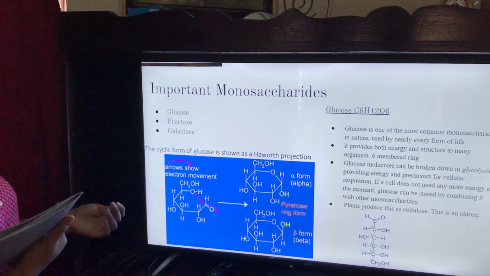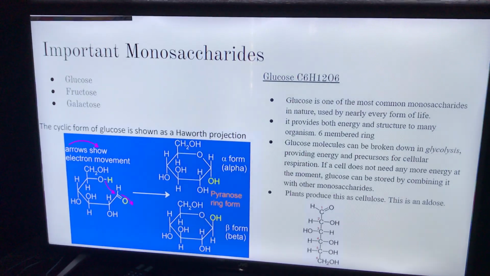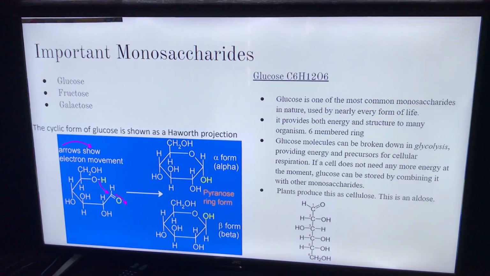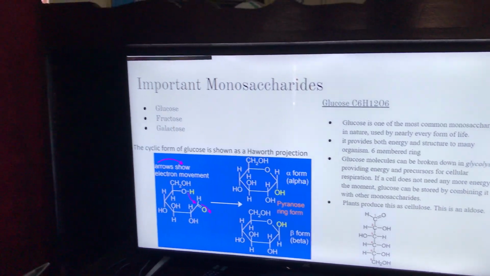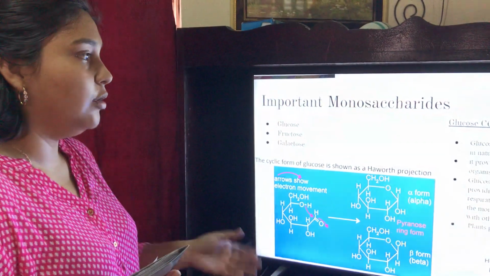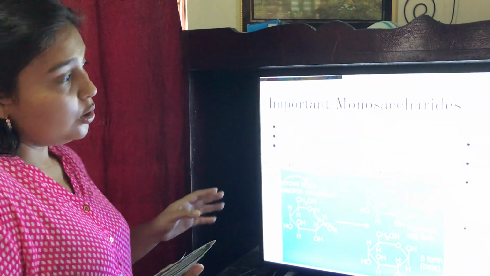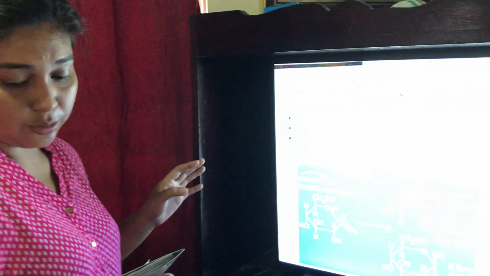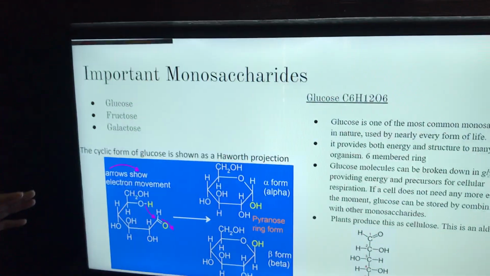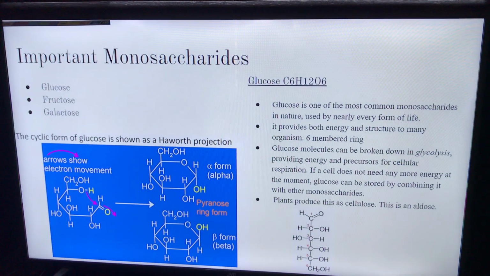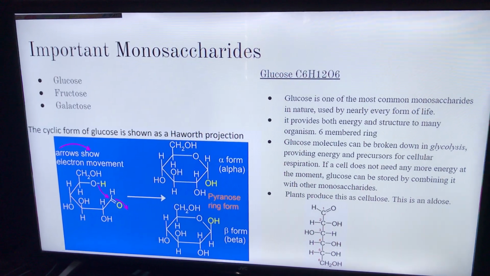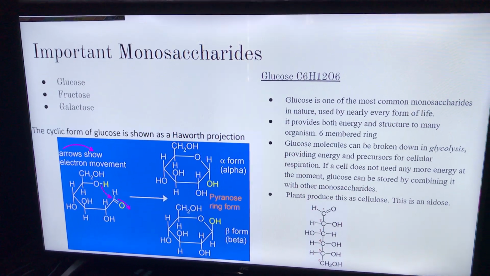Next slide. So important monosaccharides to remember are glucose, fructose, and galactose. So the first one that we're going to be talking about is glucose. So glucose, fructose, and galactose have the same chemical formula, which is C6H12O6, but they differ in the organization of atoms.